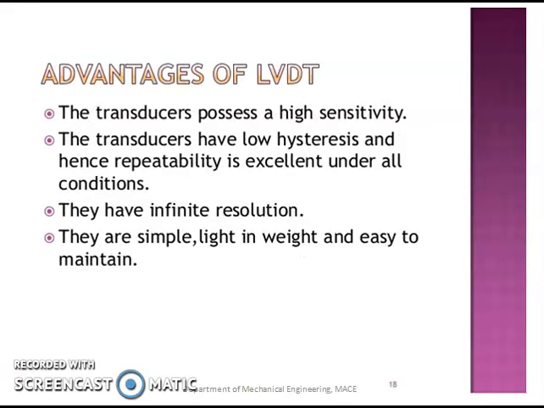That means according to the position of the core, the corresponding signal is obtained, and the corresponding position can be determined. Usually the core will be connected to the sensor. So as the sensor moves, the core will move left and right inside the coil, and the position of the sensor can be determined by the method.